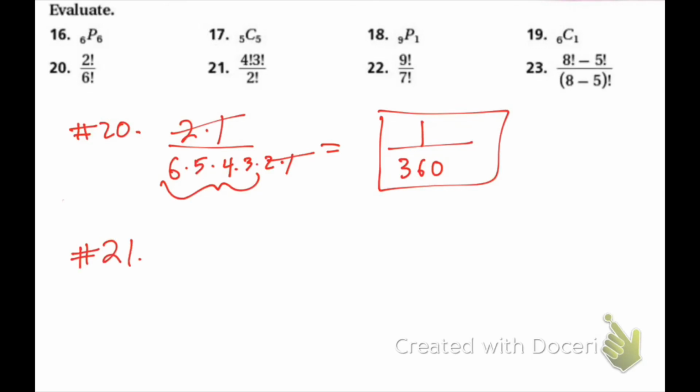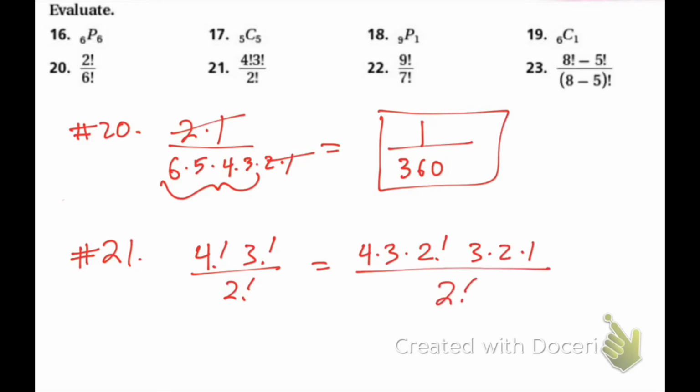Number 21, we have 4 factorial times 3 factorial over 2 factorial. That gives you 4 times 3 times 2 factorial, and 3 times 2 times 1 over 2 factorial. Those cancel, so you're left with 4 times 3 times 3 times 2 times 1, which gives you a total of 72.